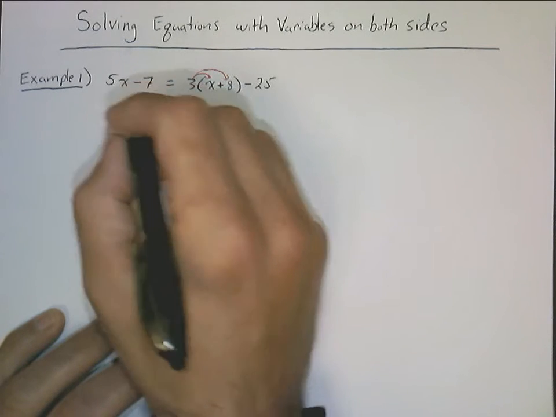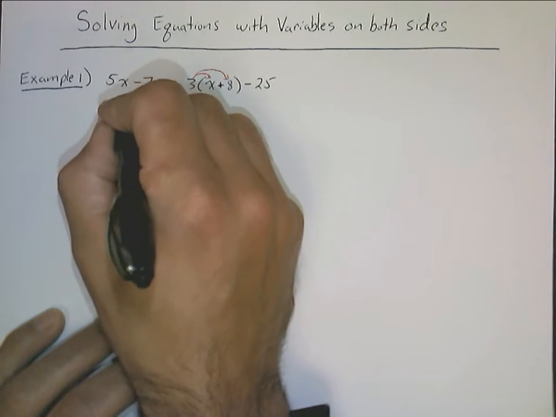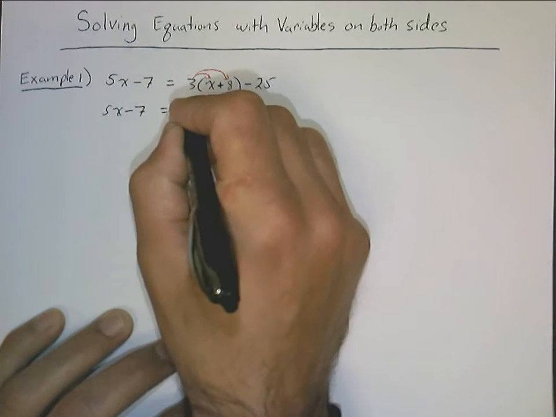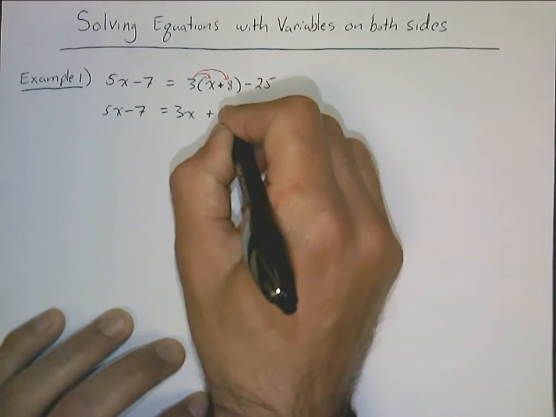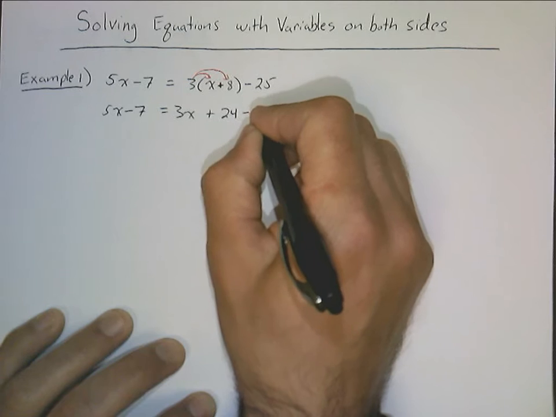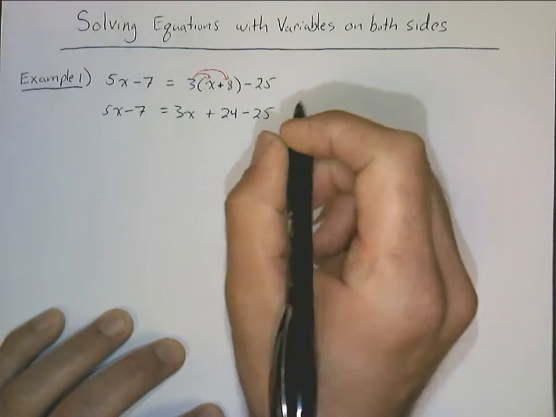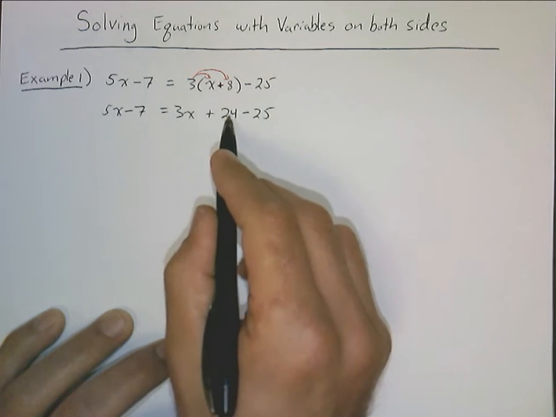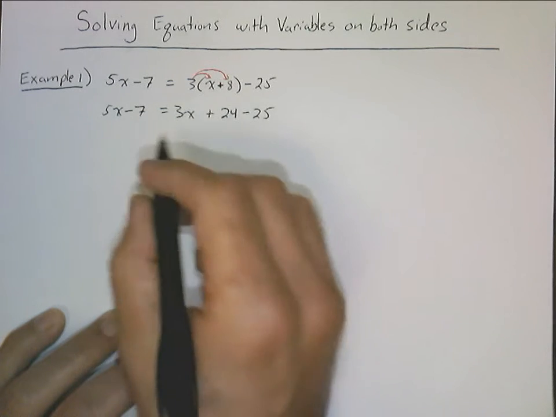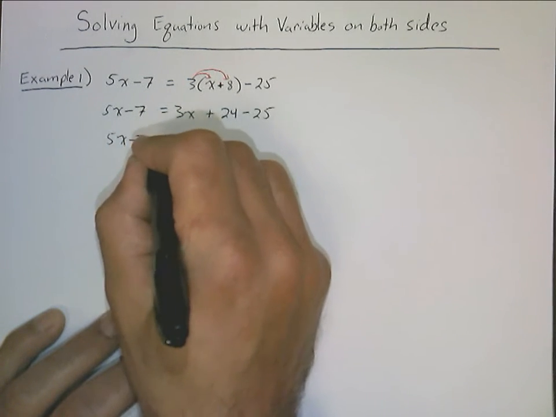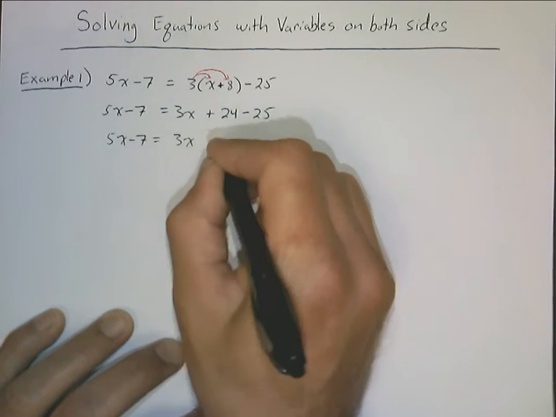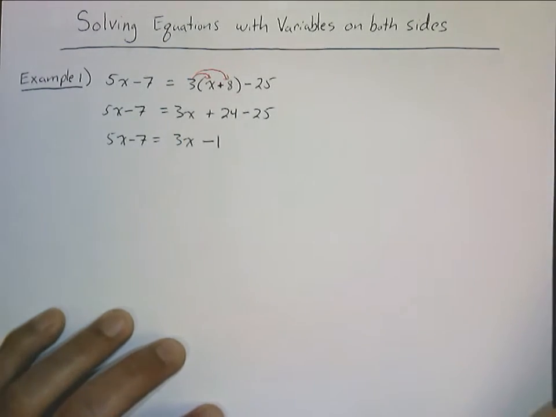And so we have 5x minus 7 is equal to 3x plus 3 times 8 is 24 minus 25. And then, of course, we know that 24 minus 25 is going to be a negative 1. So what we really have here is 5x minus 7 is equal to 3x minus 1.